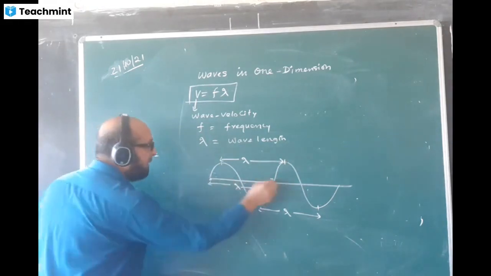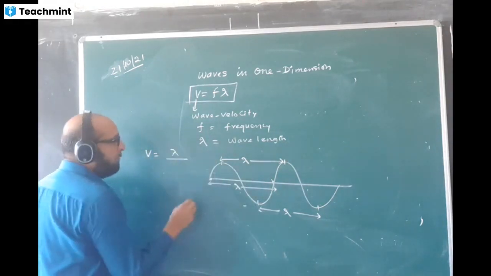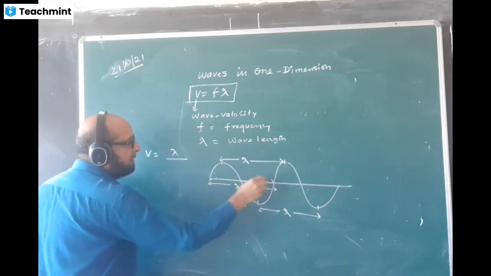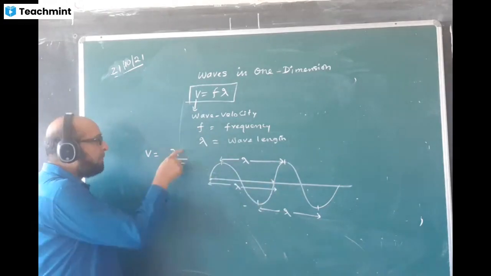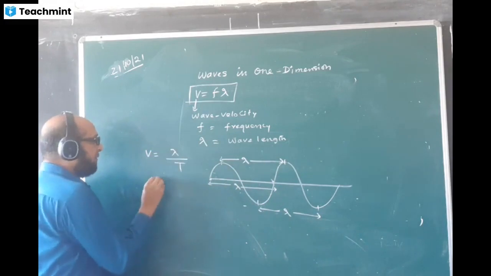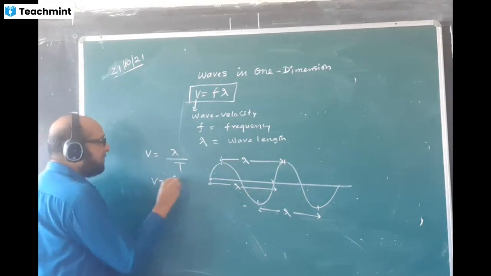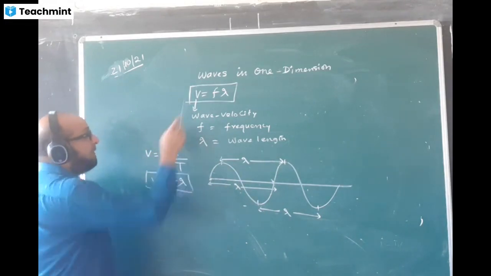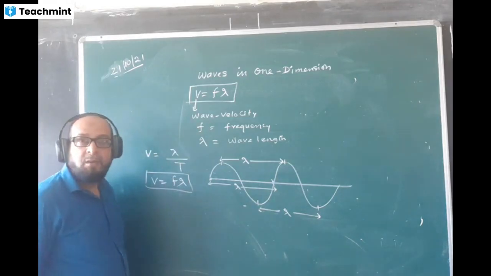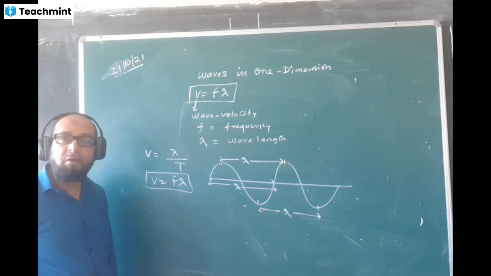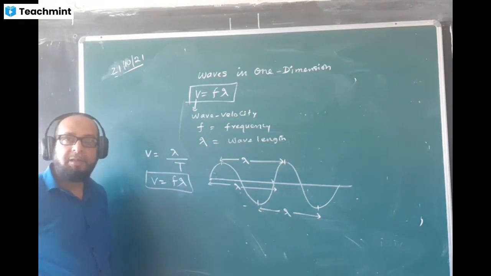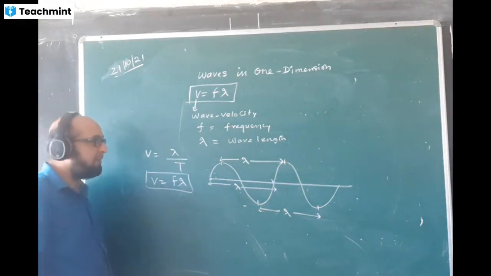I will take the distance lambda here. For that, the timing is T, time period. And we know 1 by time period makes F. That's why the formula becomes V is equal to F lambda. So this equation is applicable for all types of waves.